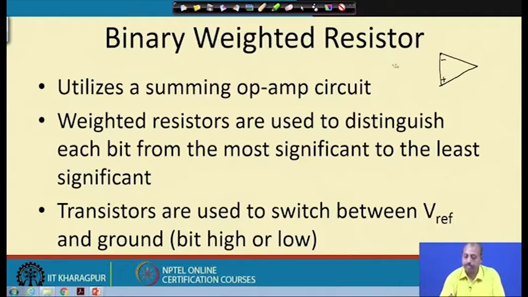Basically, it takes a differential input and this amplifier has a gain of A. If we call the difference between these two voltages V diff, then the output is A into V diff. For an ideal operational amplifier, this A is infinity.